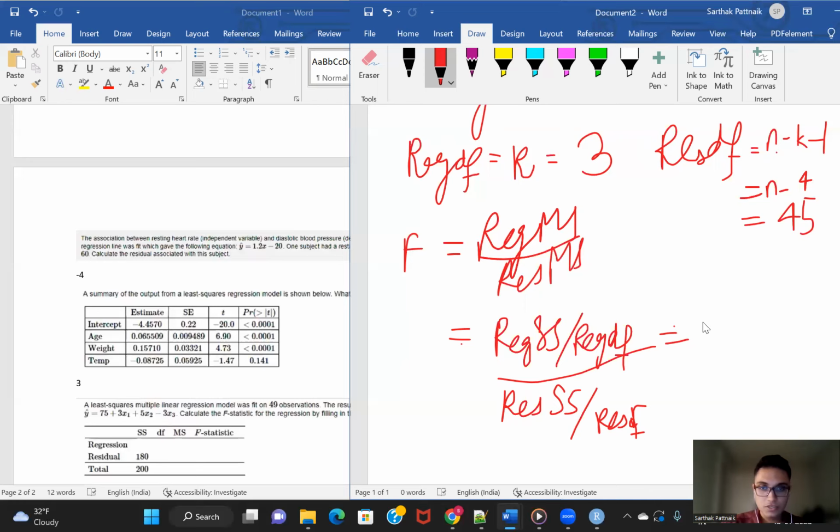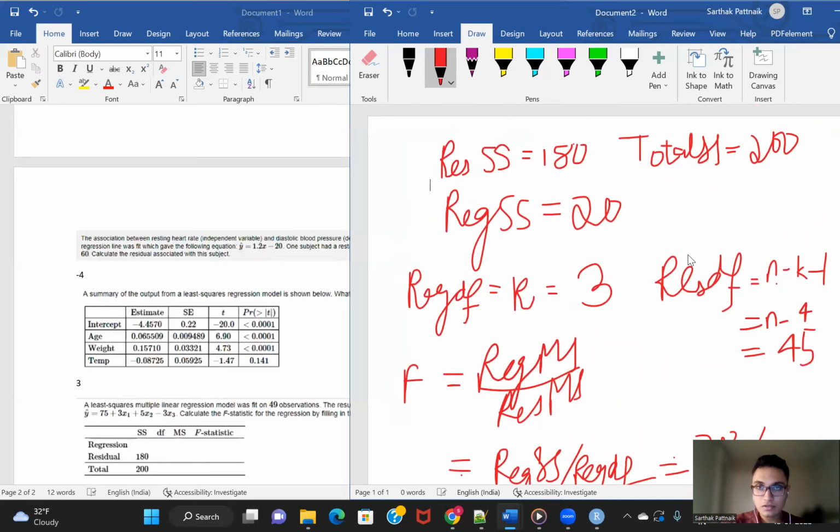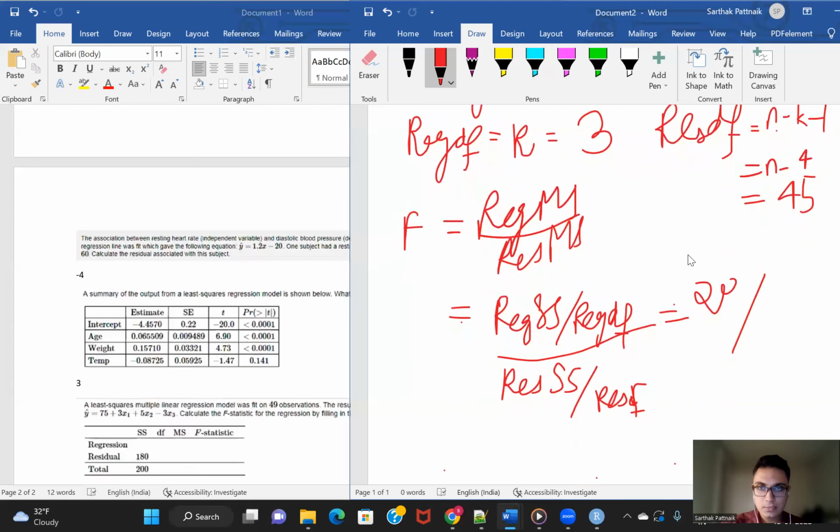Now, the regression sum of squares is the calculated value 20, by 3, upon 180 divided by 45.